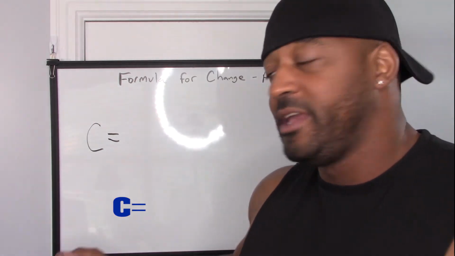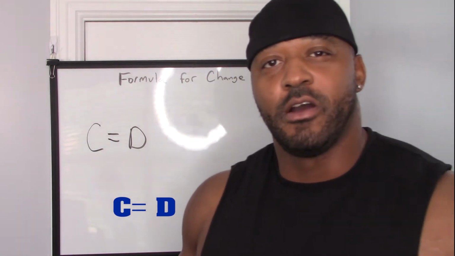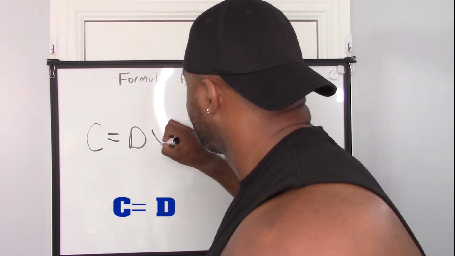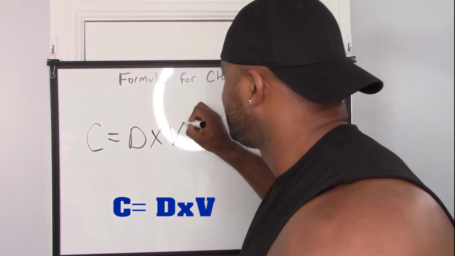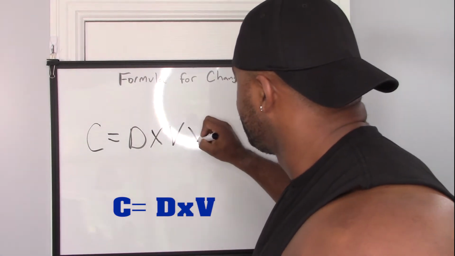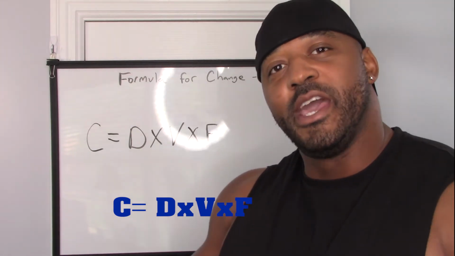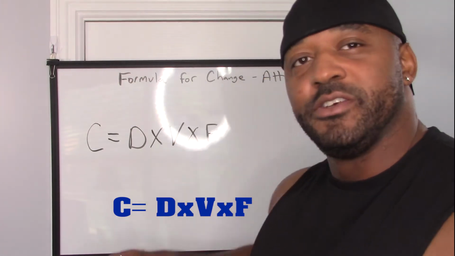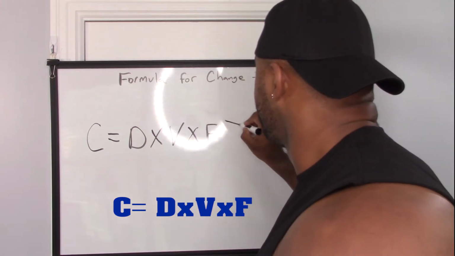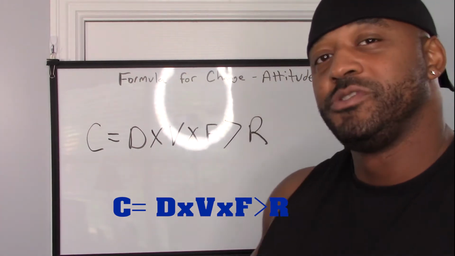You can have change when you have dissatisfaction for the way things are, dissatisfaction for your situation, times V, the vision of what is possible, times F, the first steps that you take towards getting to the solution, towards that vision. And that has to be greater than resistance. Right? So just one more time, we'll run through it.